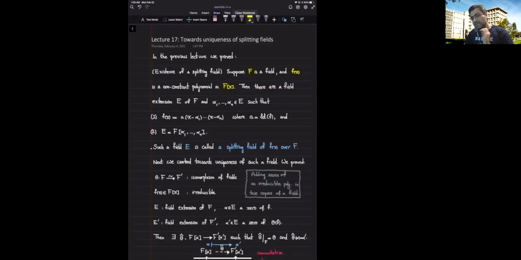If we take the smallest such field, we call it a splitting field of this polynomial.